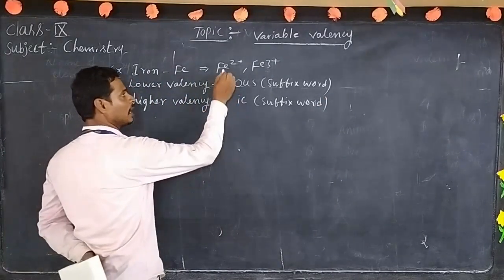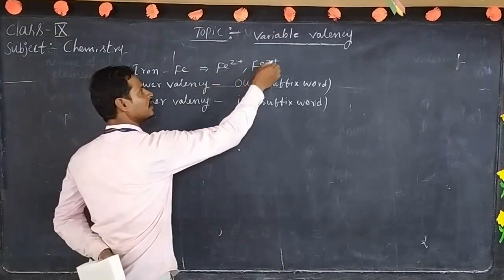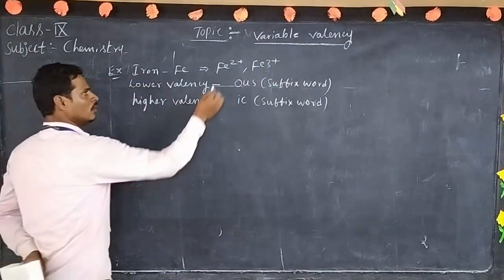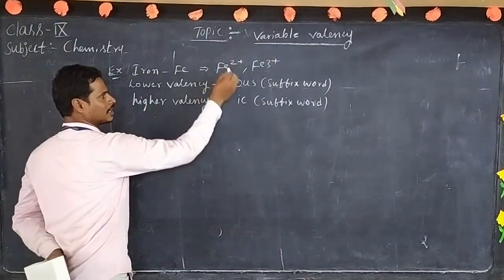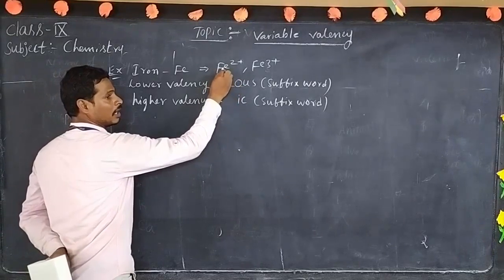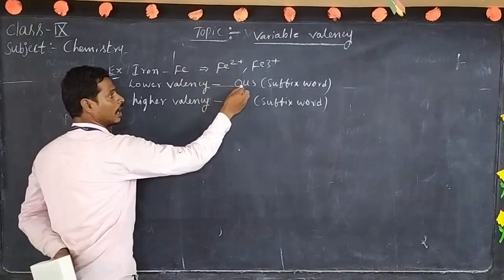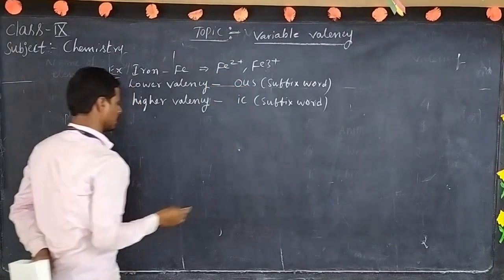Now, how can we name Fe2+ and Fe3+? Now, it is the lower valency, so we should add the -ous form to the name of the element.